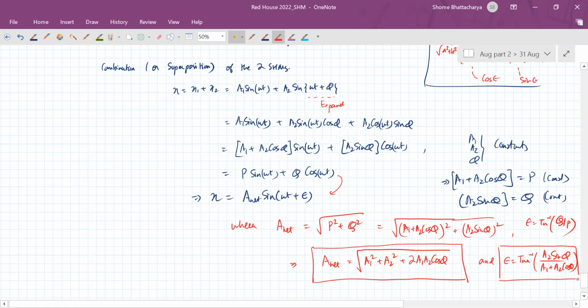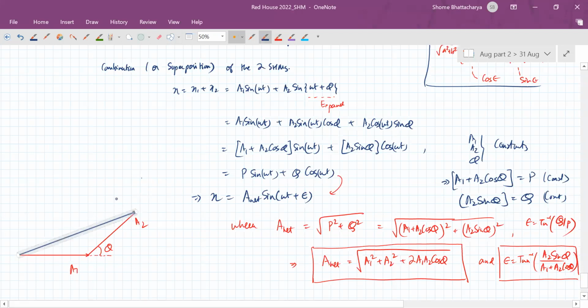So now these formulae can actually be represented by what is called a phasor diagram. So instead of memorizing these formulae or going through this entire process, we just understand that if we are adding two SHMs of the same frequency but different amplitudes A1 and A2, and having a phase difference of phi, then their superposition results in an SHM which has a net amplitude given by this A net.